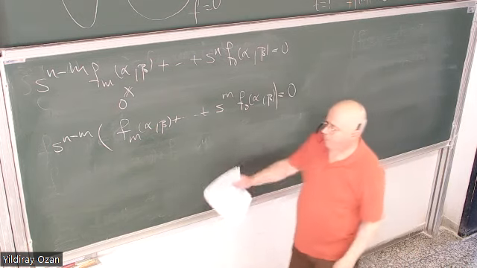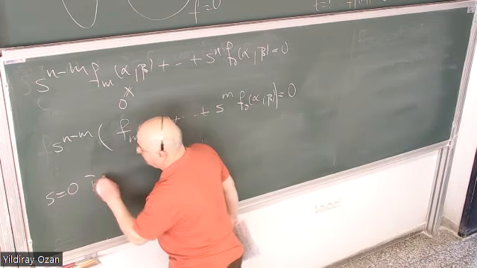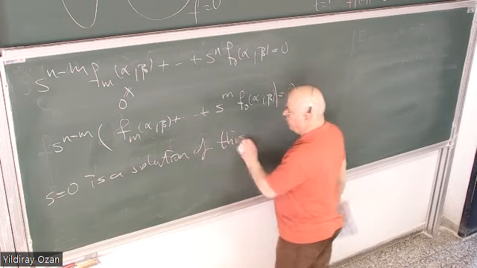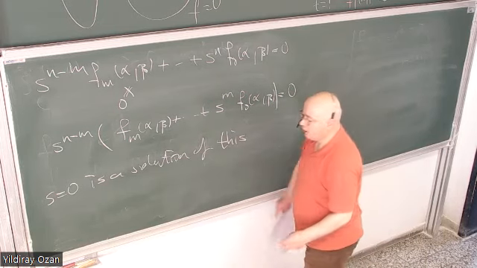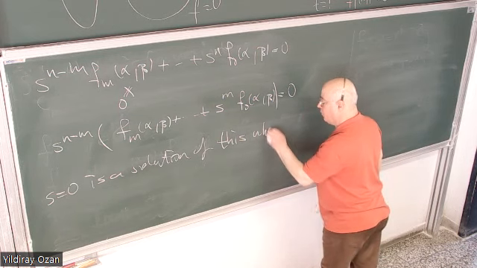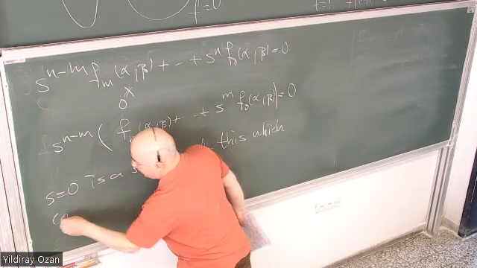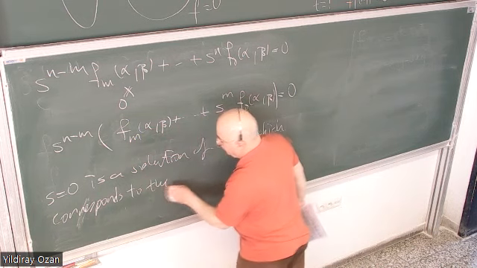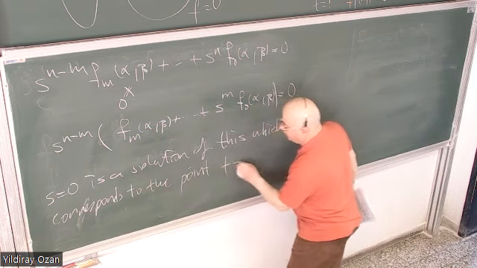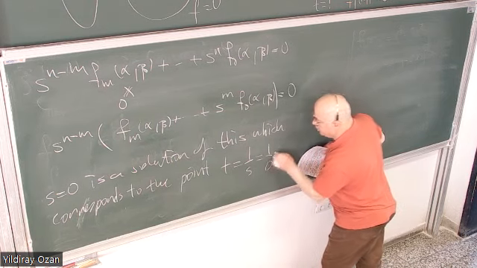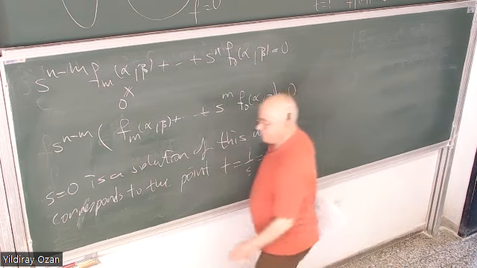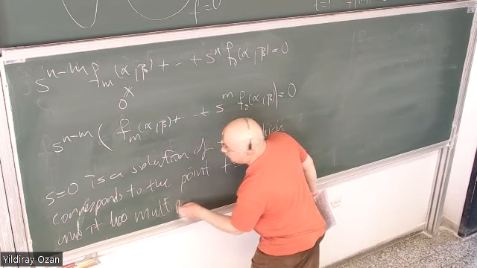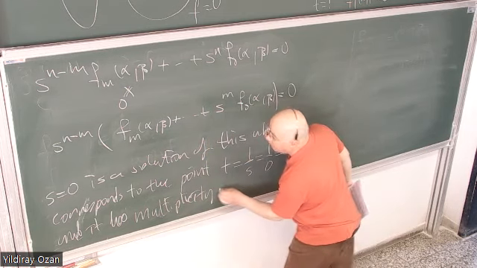Now here S equals 0 is a solution of this, of course, which corresponds to the point T, which is 1 over S, 1 over 0, which is infinite, and it has multiplicity n minus m.